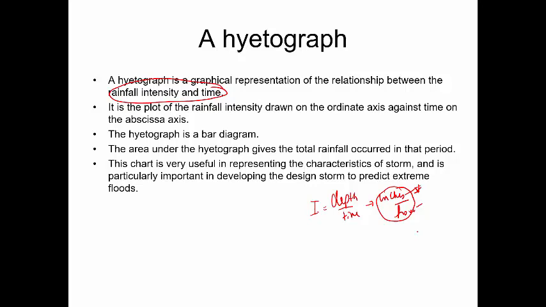Whenever we talk about a hyetograph, it's the plot of rainfall intensity drawn on the ordinate axis. So it's intensity on the ordinate axis, and then time here on the abscissa. So it's a bar diagram.